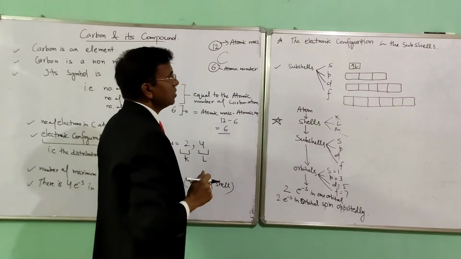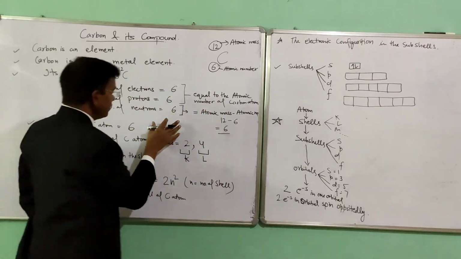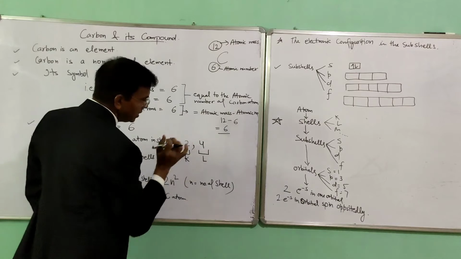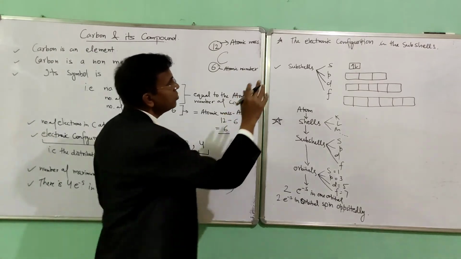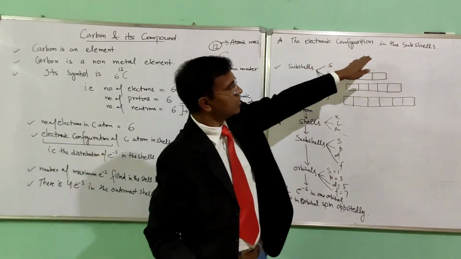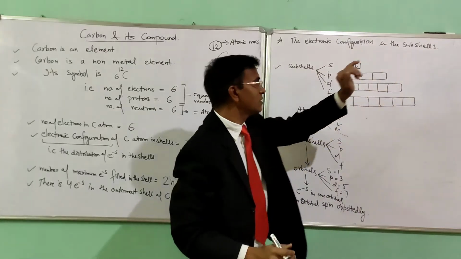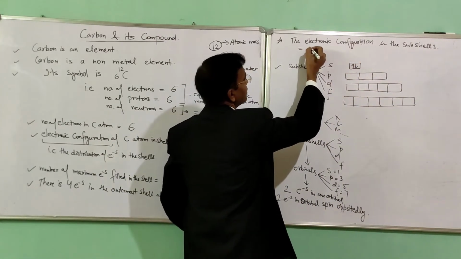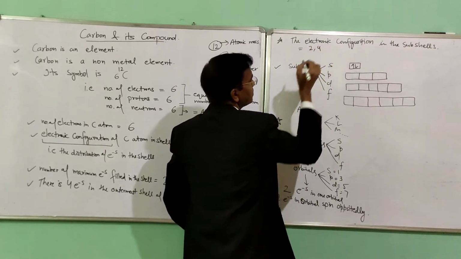Clear? So in the carbon we have discussed, the carbon has 4 electrons in the outermost shell. So the electronic configuration is 2, 4.